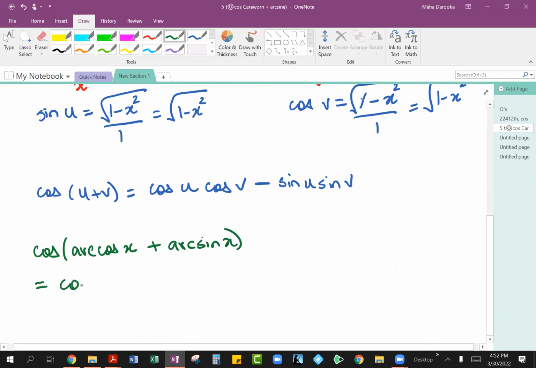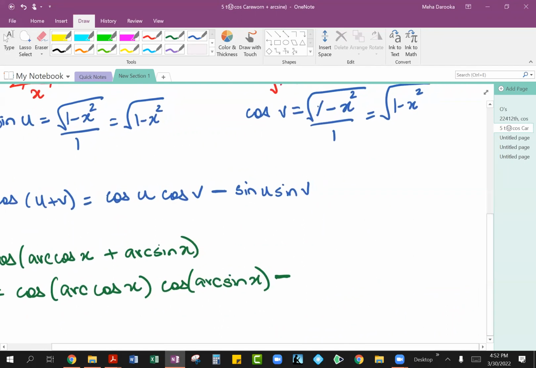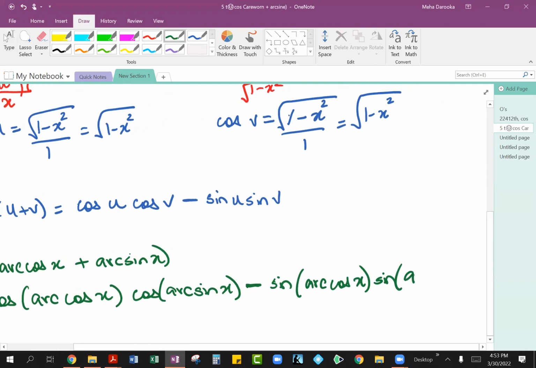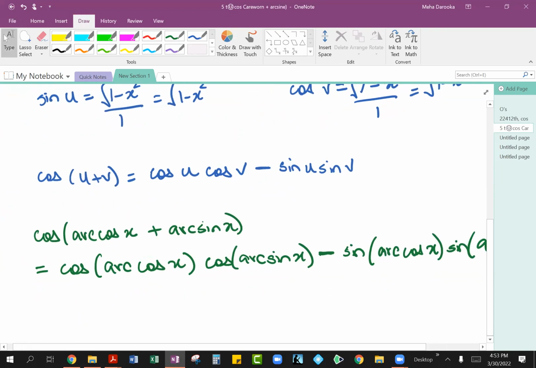So when you break this down, this will become cosine of arc cosine of x, cosine of arc sine of x, and then minus sine of arc cosine of x, sine of arc sine of x.